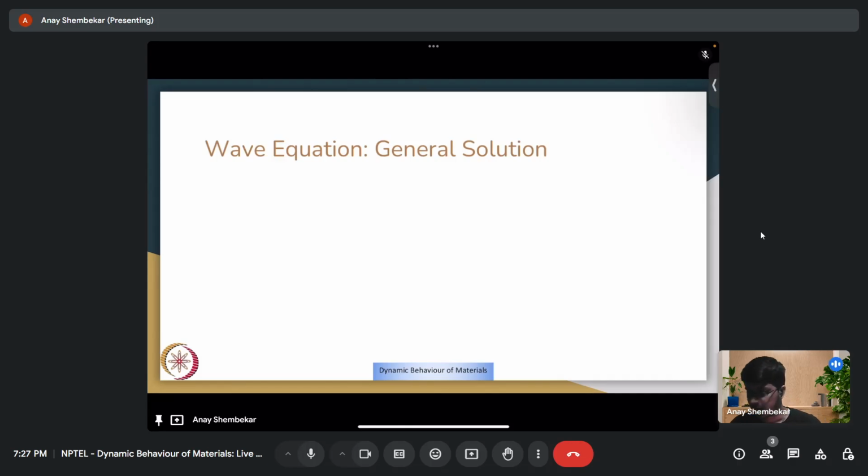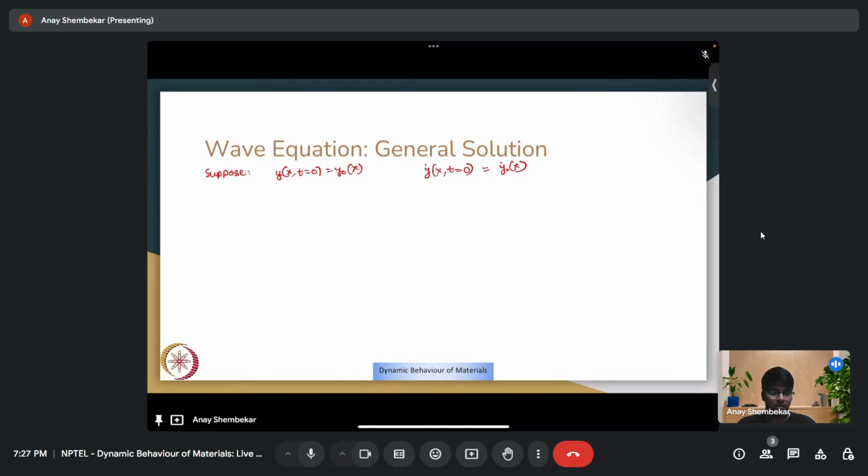One thing that I wanted to show was in this D'Alembert solution itself. Suppose we are given an initial condition of the form y of x comma t equal to 0 is y naught of x, and y dot of x comma t equal to 0 is y naught dot of x.